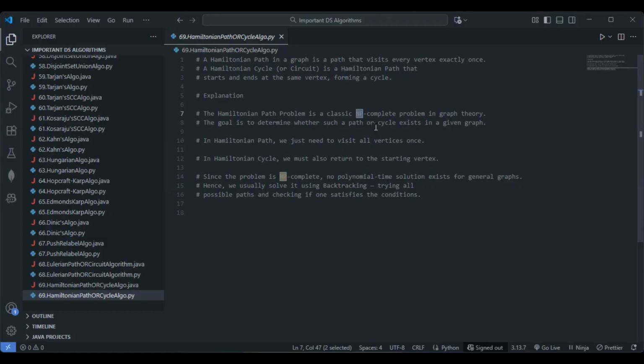If you want to express that the problem is very hard, or not solvable, we usually use this term, an NP based problem or something like that. NP stands for non-deterministic polynomial time.